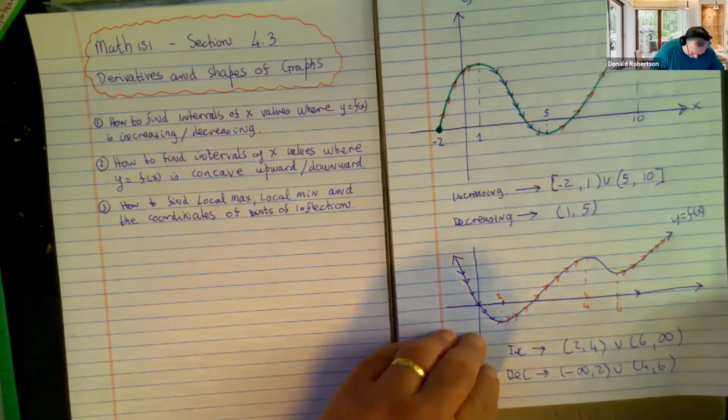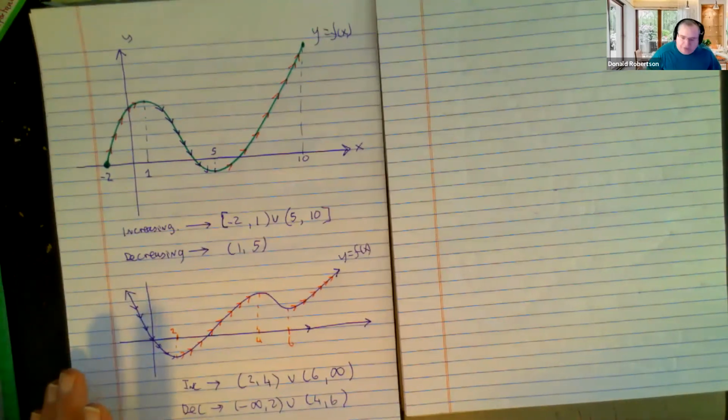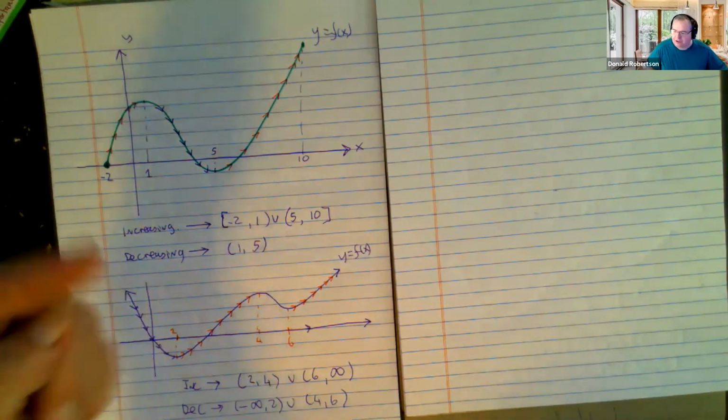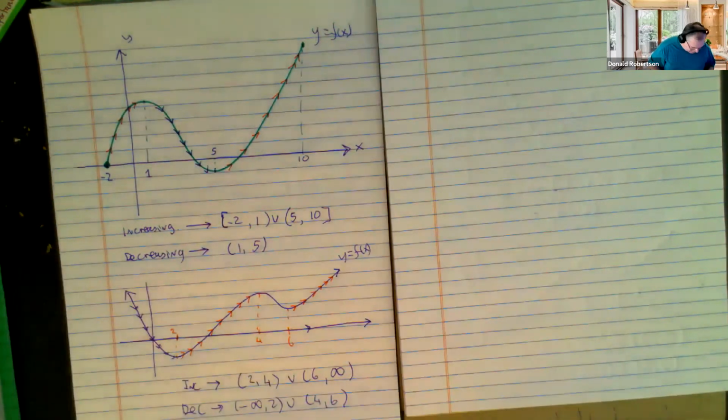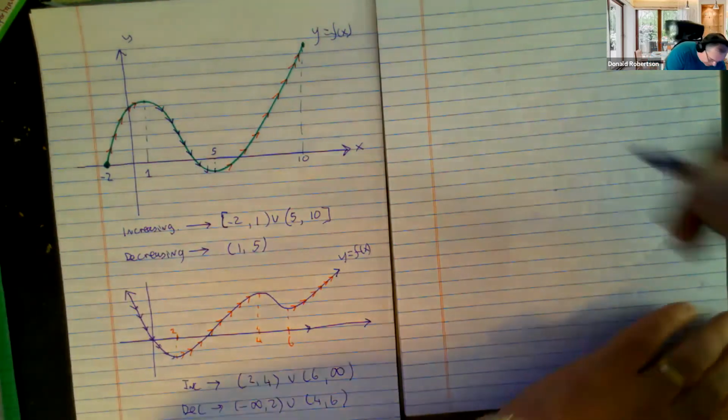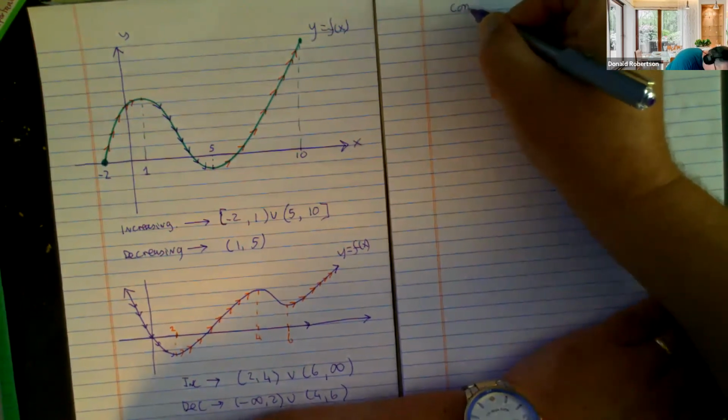Now let's return to our notes. Increasing and decreasing, I think, kind of intuitively make sense, right? Uphill is increasing, down here is decreasing. Now we're going to look at something which is called concavity.